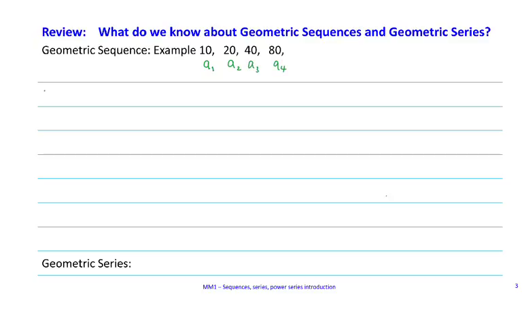And since it's a geometric sequence, the common ratio is going to be a(n+1) over a(n). So 20 over 10, which is actually 40 over 20, which is 80 over 40, or 2.